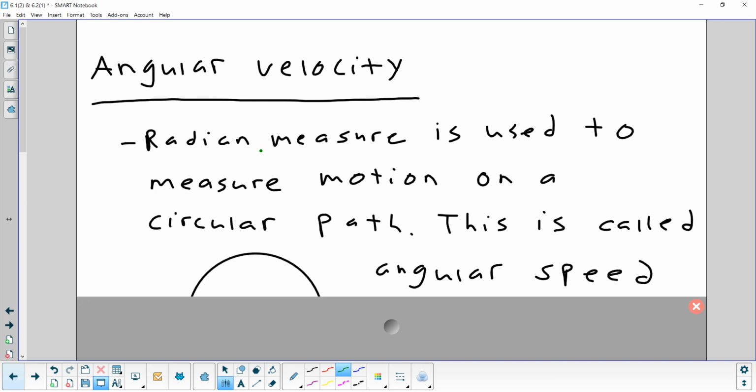Generally, our book uses radians to measure angular velocity, but there are technically 3 units that we use in this class to measure something spinning in a circle. We can use revolutions, we can use radians, or we can use degrees. Those are the 3 units of measure that measure how fast something spins on a circle.